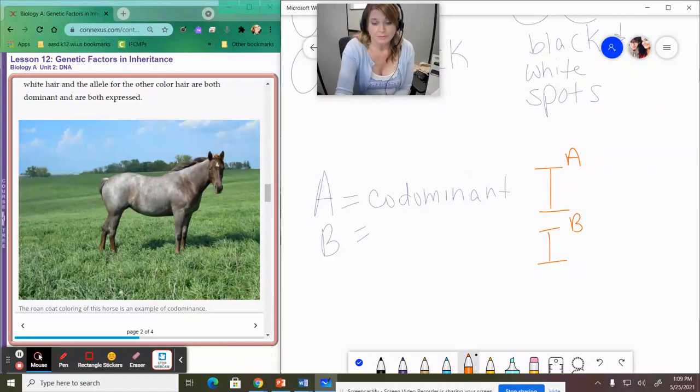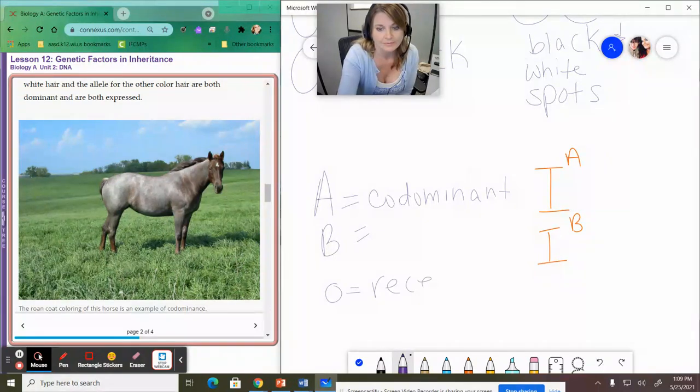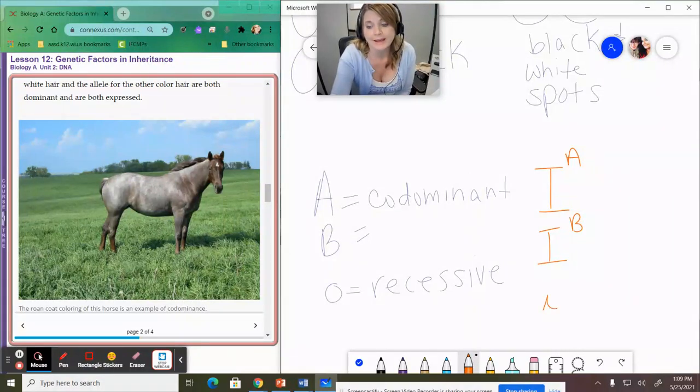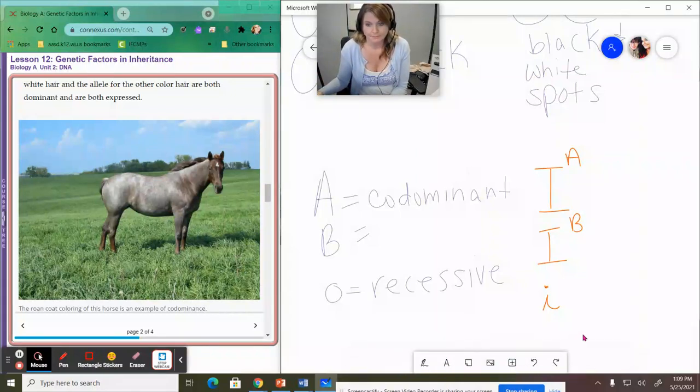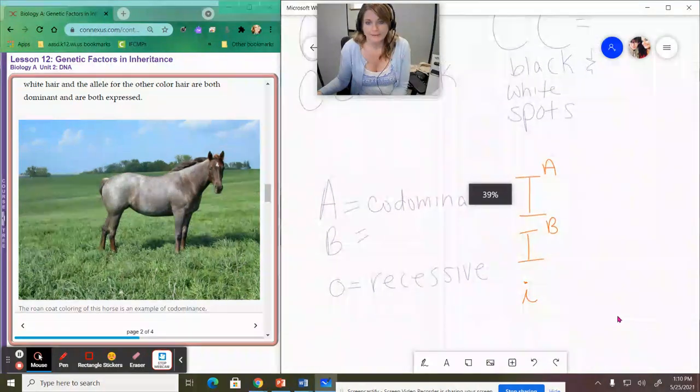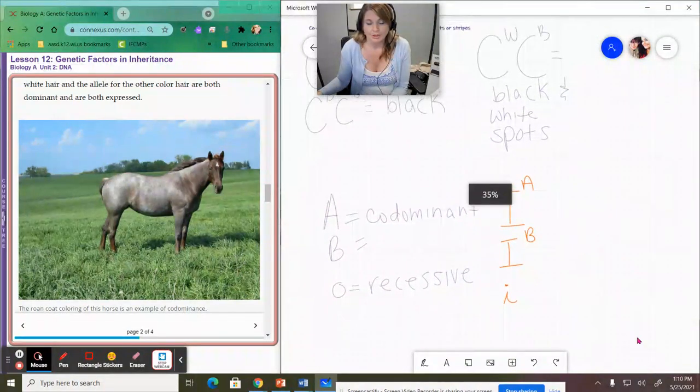And then we have a third blood type, and that's blood type O. O is recessive. So following our naming pattern, we use a lowercase i to indicate that it is recessive. It doesn't get its own letter. It's lowercase. There's no superscripts happening with that. So if you have blood type A, you have two options for your alleles.